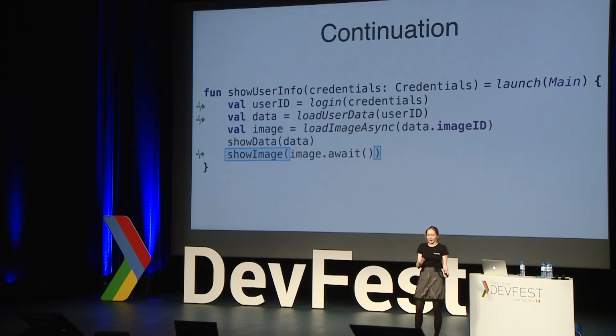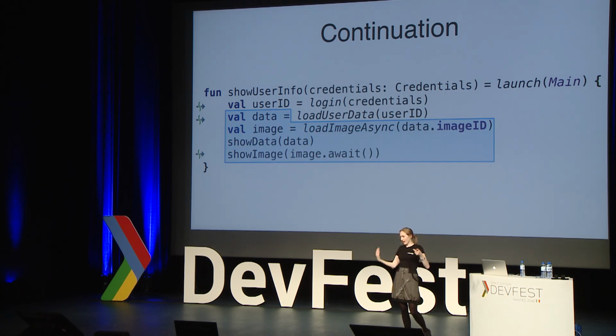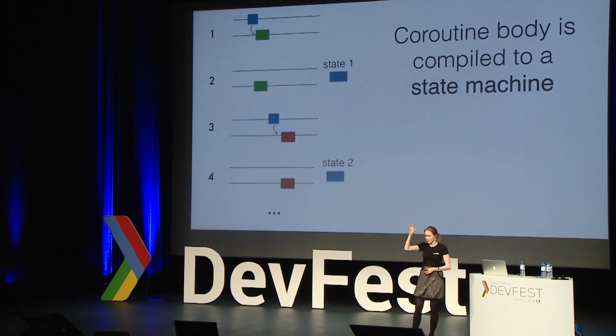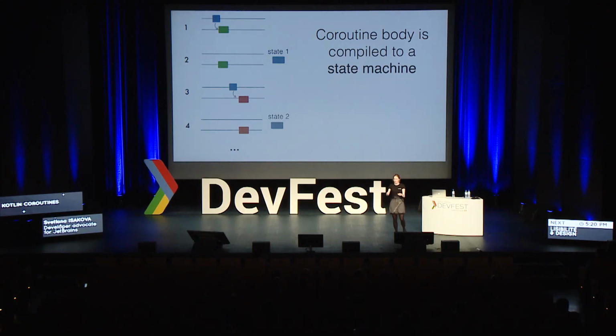Here we don't know how many suspension points we have, because we don't know the implementation of login, load user data, etc. But when we store this coroutine, it is implemented via the state machine, and each suspension point is one of the states. When we reach the first suspension point, we suspend the coroutine and then restore it, continue to perform the code, reach the second suspension point, suspend it, restore it later, etc.